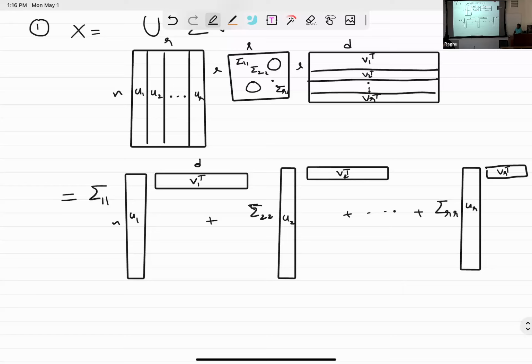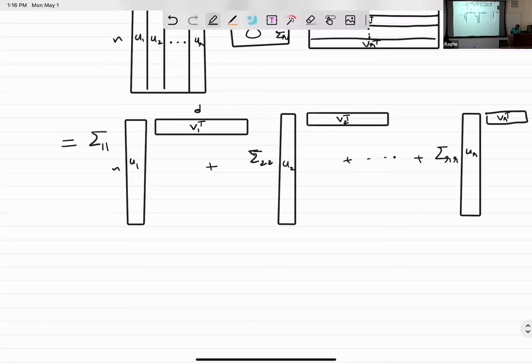Okay. And just for brevity, instead of writing sigma 1, sigma 2, sigma r, I'm just going to denote these things with little sigma 1. And this is called the first singular value. The largest entry is the first singular value.